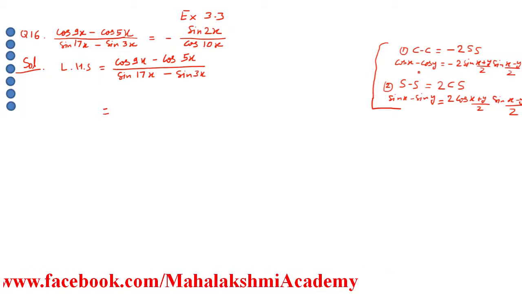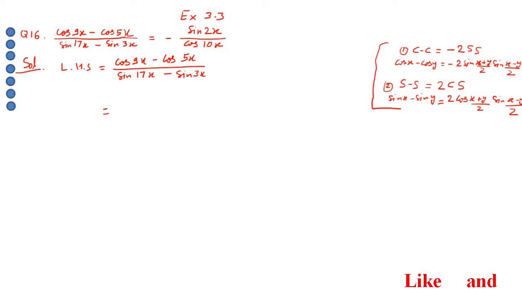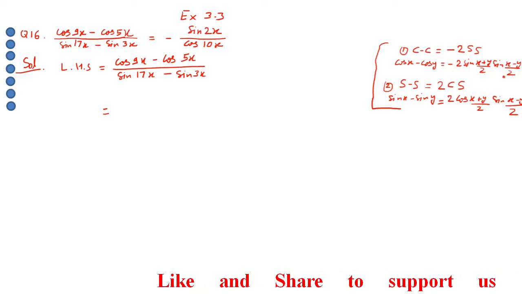So according to this, I am going to use both the formulas. For C minus C, the formula is minus 2 sin (x plus y), means sum of angle, divided by 2, then sin difference of angle divided by 2.